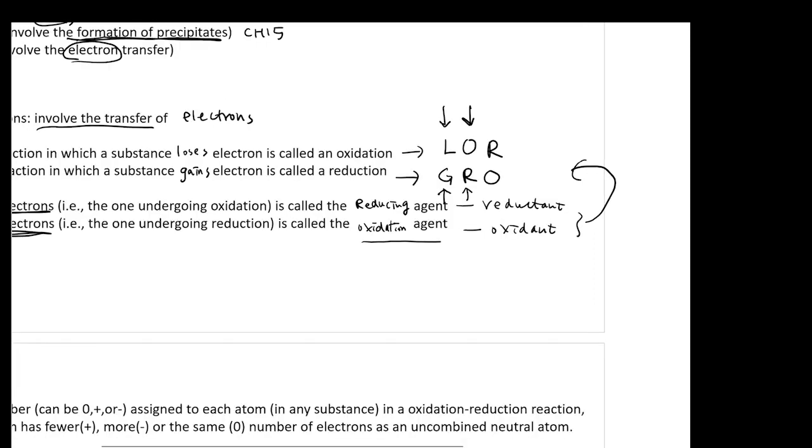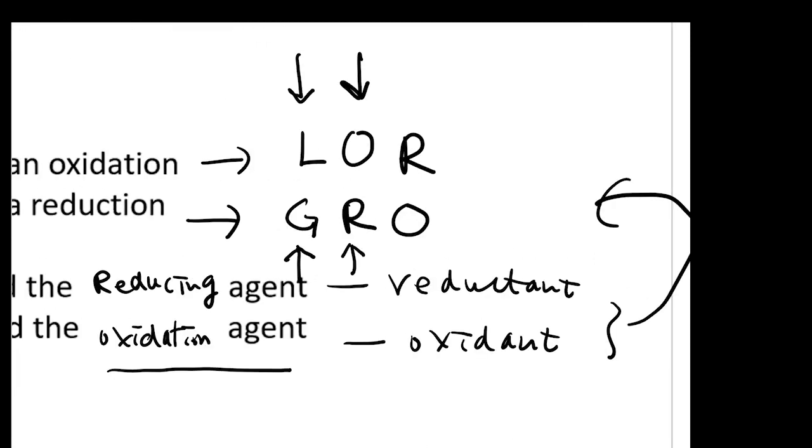I always use these abbreviations to help me memorize the relationship, so I would suggest you do the same. So LOR, right? Lost electrons, undergo oxidation reaction, can serve as a reductant. After a couple slides, you will see another letter pop up. If you go to the electrochemical cells, this oxidation reaction will always happen at the anode. So in the end, you are going to use LORA.